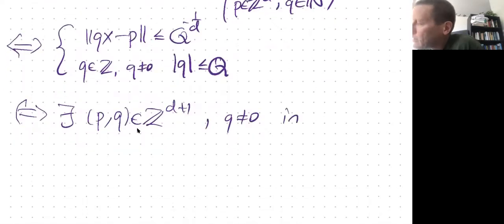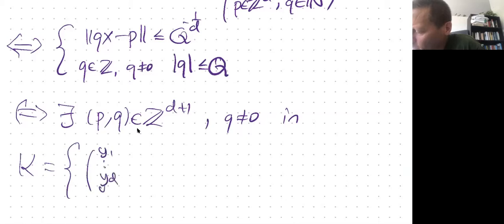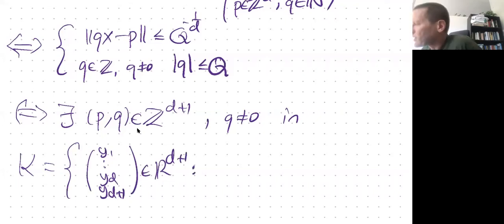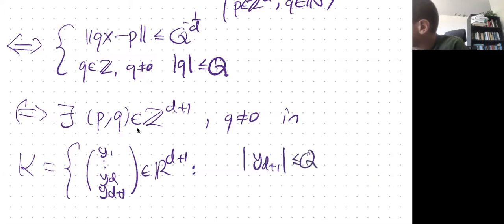In the body K, which I'm going to define using those inequalities. So y_1 up to y_d, y_(d+1) in R^(d+1), satisfying the inequalities: y_(d+1) less than Q, and y_(d+1) times x_i minus y_i.